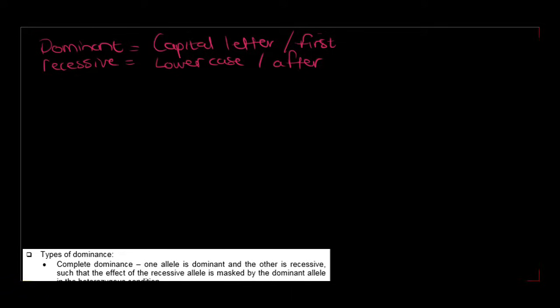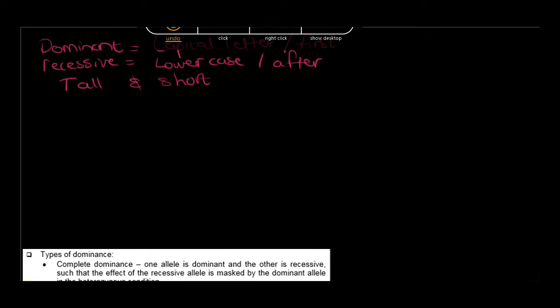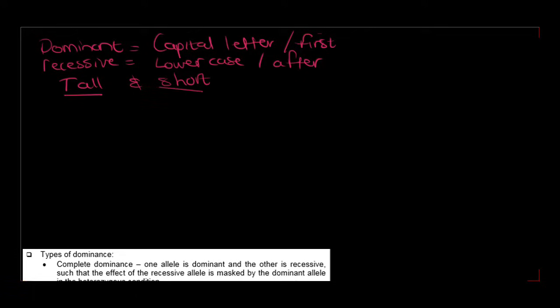So using Mendel's pea plants again, tall and short plants, a tall plant is the dominant one over the recessive short plant. So when you write the genotypes, you take the first letter of the dominant trait, and in this case it would be T for tall, and the recessive trait would then be a lowercase t.